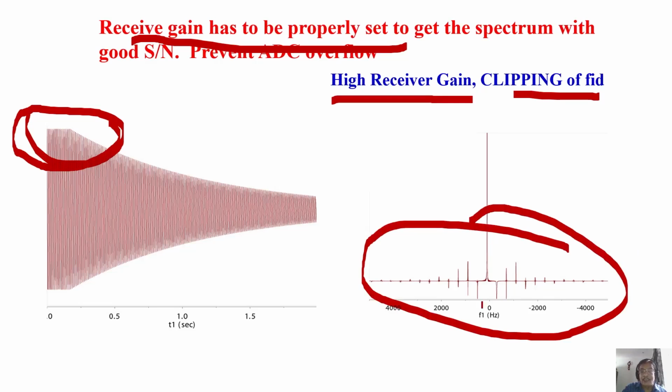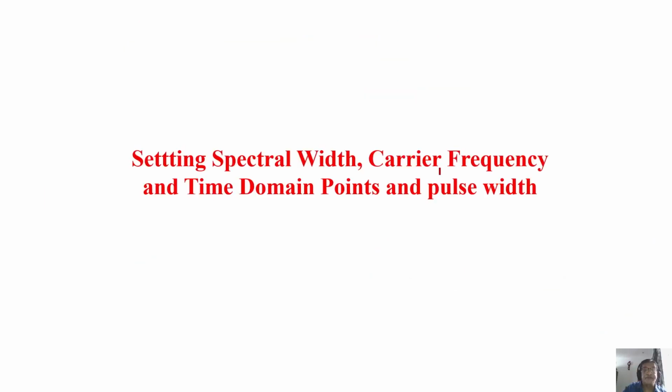This is an indication your receiver gain is very high. When you get peaks like this, on either side of the peak, lots of peaks come because of various reasons called sinc function. These are all called sinc function artifacts, in which case you have to reduce the gain. That is very important. Please remember these points.